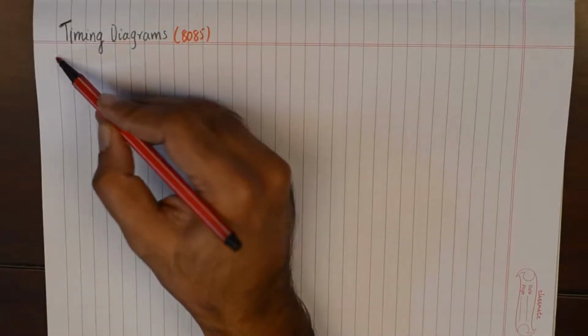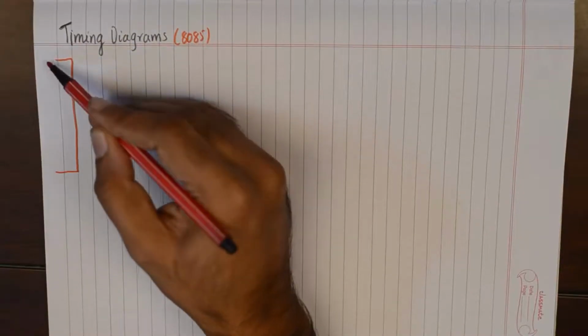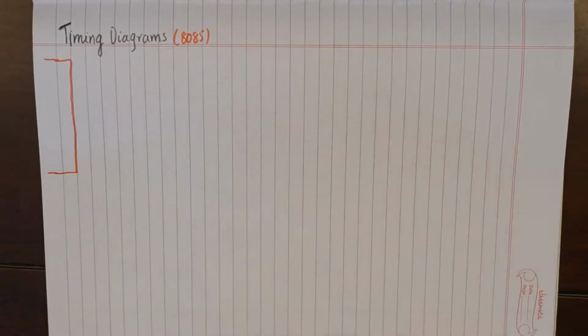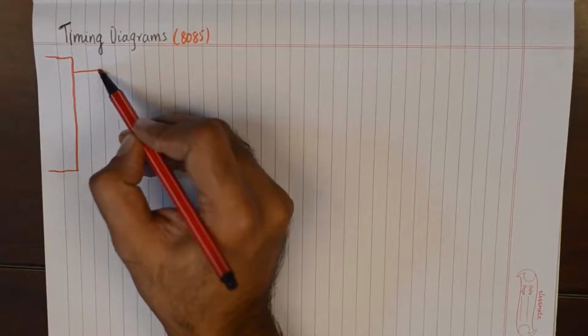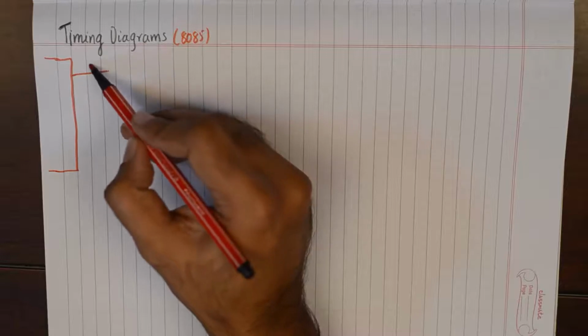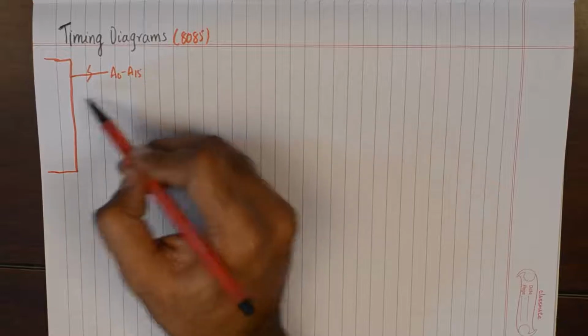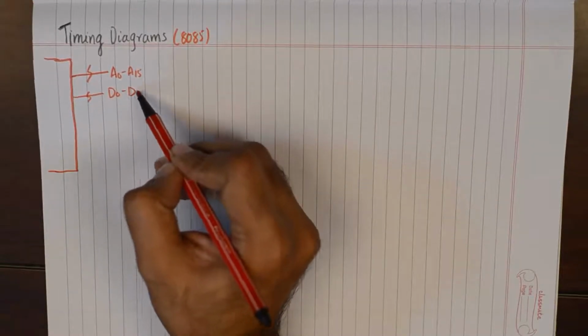In 8085 we have a lot of pins which perform during the execution of an instruction. I'll write down all the pins which are functional during the execution of the instruction. The first set of pins is the address lines. The next set of pins is the data lines.